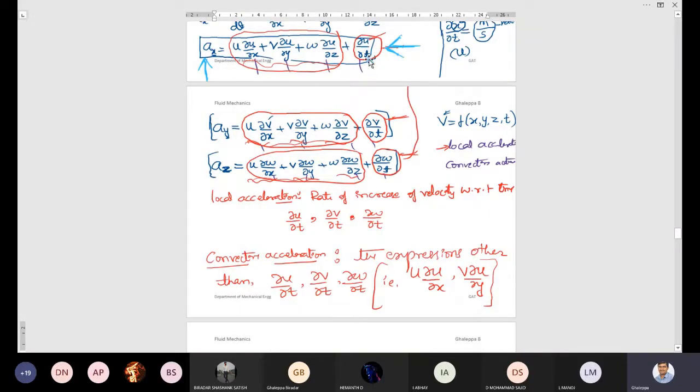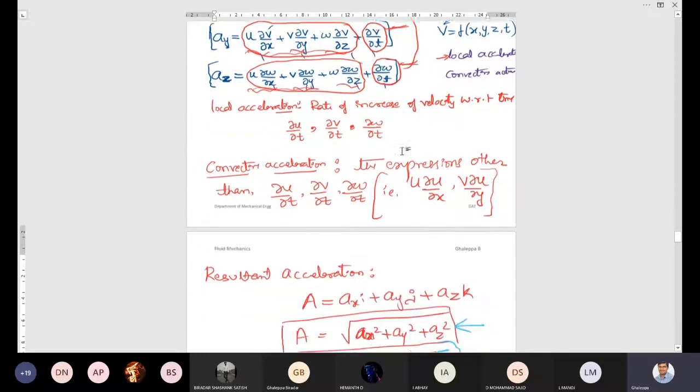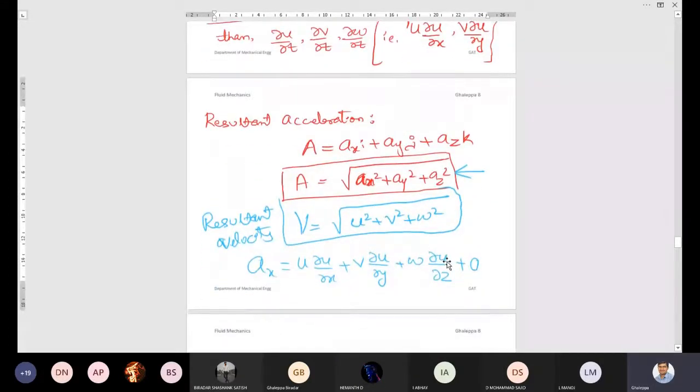So what is steady flow? If any variable is a function of time, then we take it as 0. There is no change of property with respect to time. So I have taken that as 0.